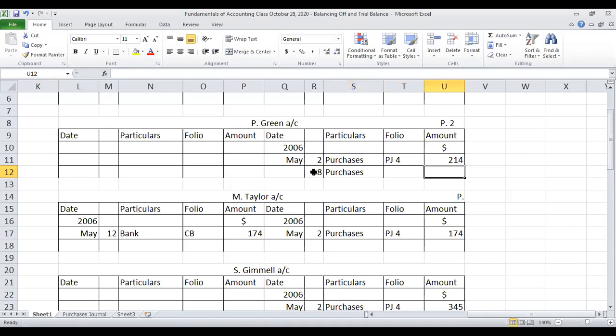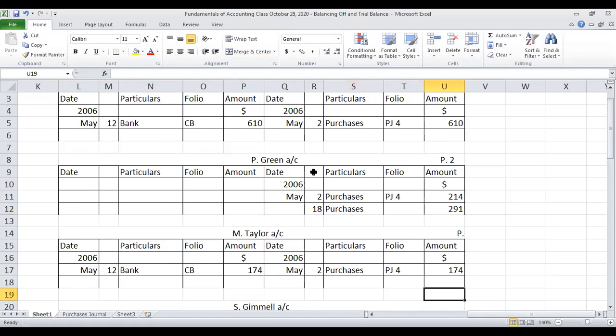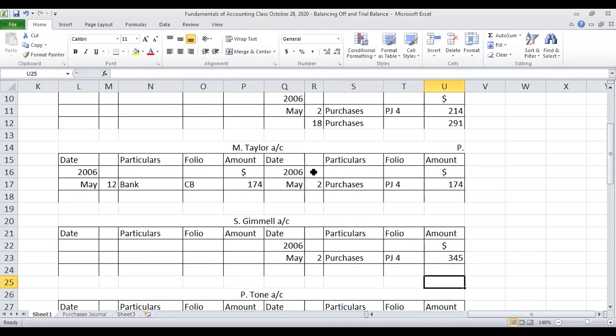And you do the purchases. And the amount would be 291. And also SGML now. Same principle. 18th. Purchases.